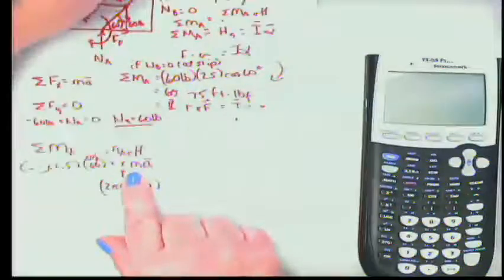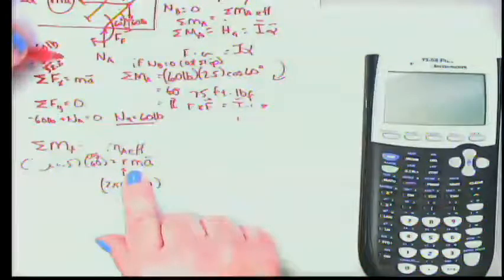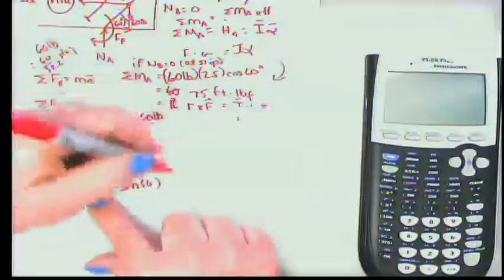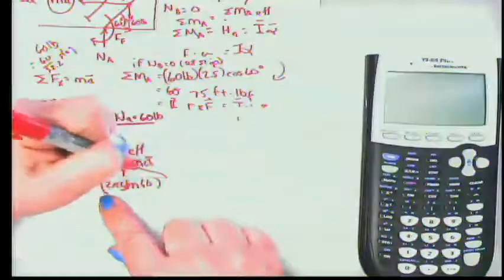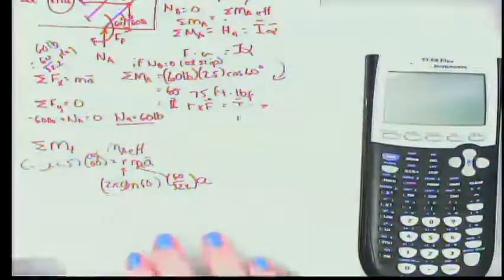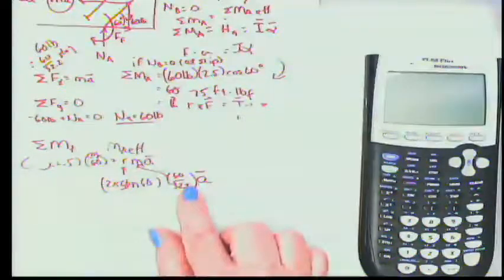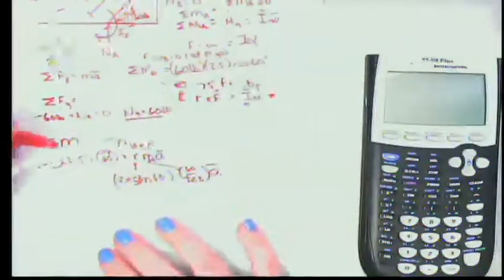If this is 60 pounds, that's going to be 60 over 32.2 slugs. So we have R times the mass, which is 60 over 32.2 slugs, times the acceleration of the mass center. And that's because it's going to give us that limit.